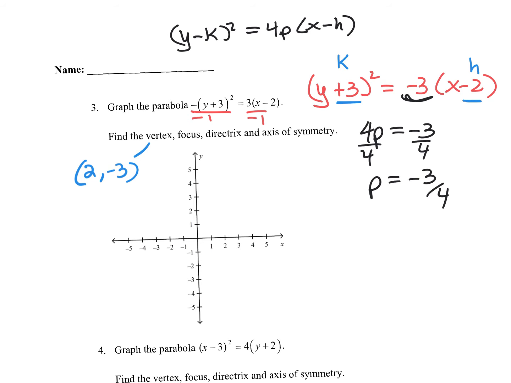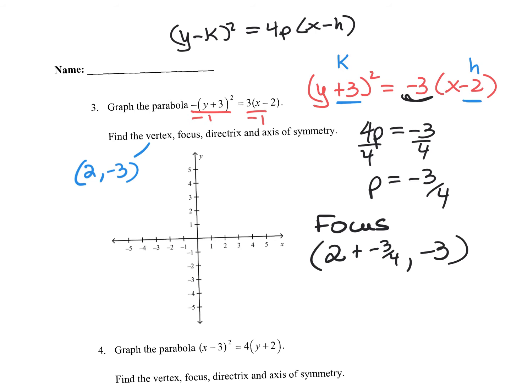I need to use this p-value to find my directrix and my focus. Remember, we're going to add the p-value to the non-squared variable, and in this particular problem, my non-squared variable was x. So to get my focus point, I'm going to take the vertex and add p, which is really adding a -3/4, but then I leave the k alone.